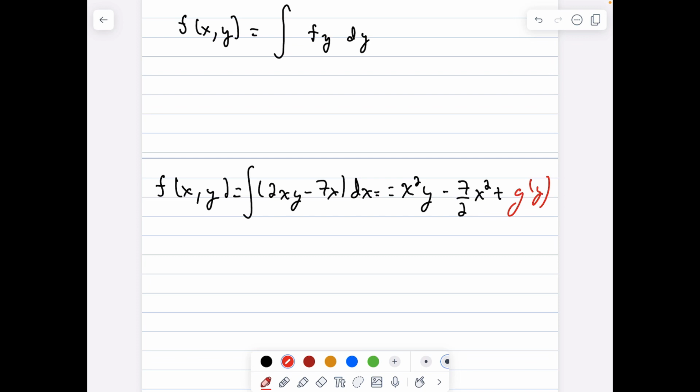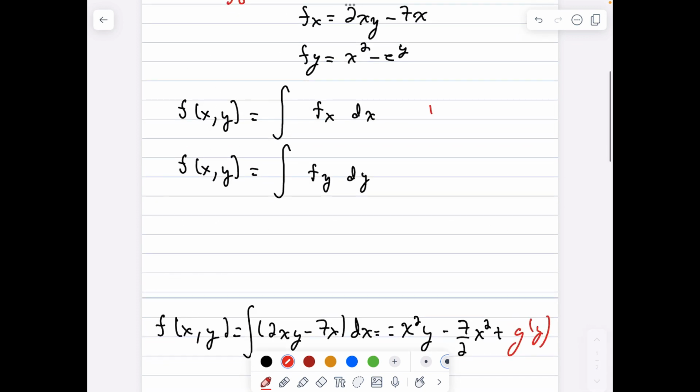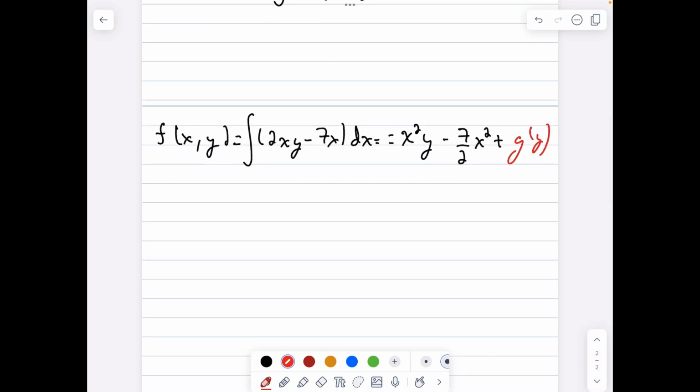In this case, you add a function of y. Over here, it's a function of x when you're integrating fy dy. Okay, so we have that our potential function looks like x^2 y - (7/2)x^2 + g(y). But we need to find the g of y. That's the next part of the problem.